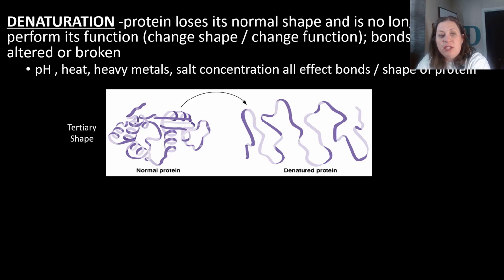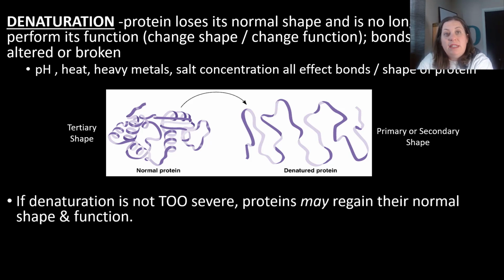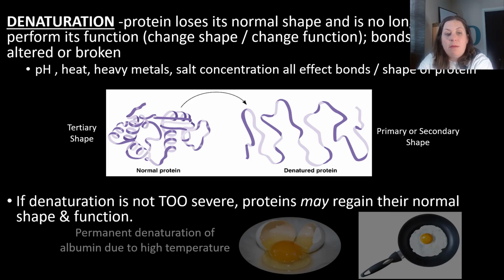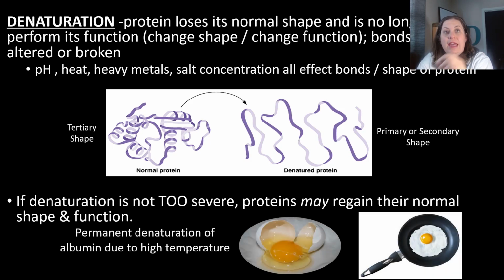Okay, so tertiary shape, because remember I told you it could be functional in the tertiary, and it unfolds back to either its primary or secondary shape. Now, if denaturation is too severe, the protein may never regain its structure or its function, and we'd have to start over with making new ones. An example here is like with eggs. Okay, in eggs, there is a big set of proteins called albumin.